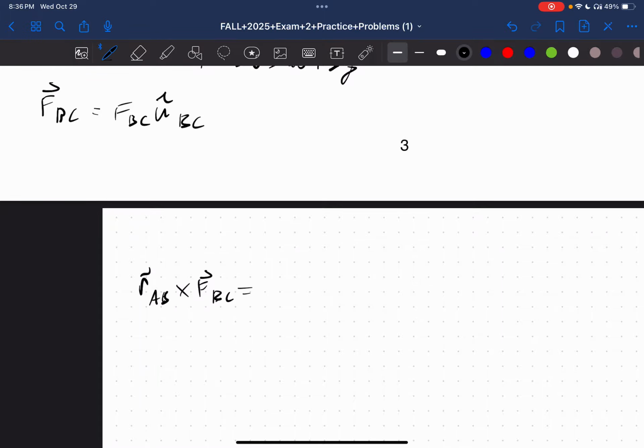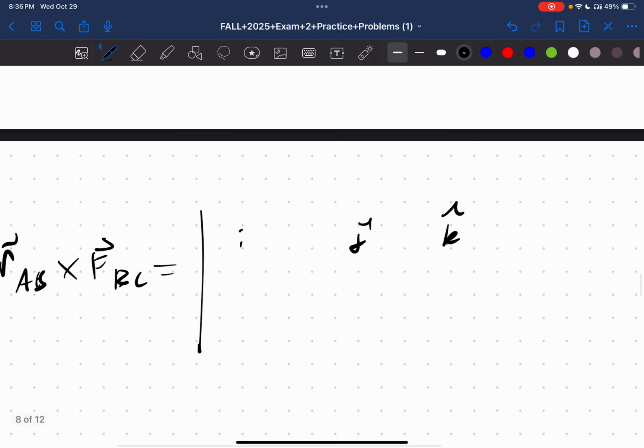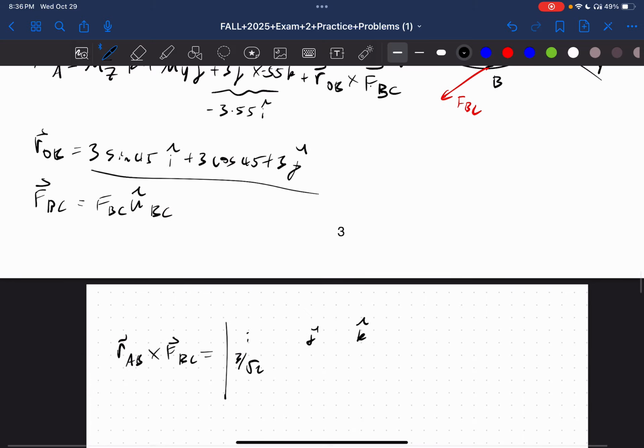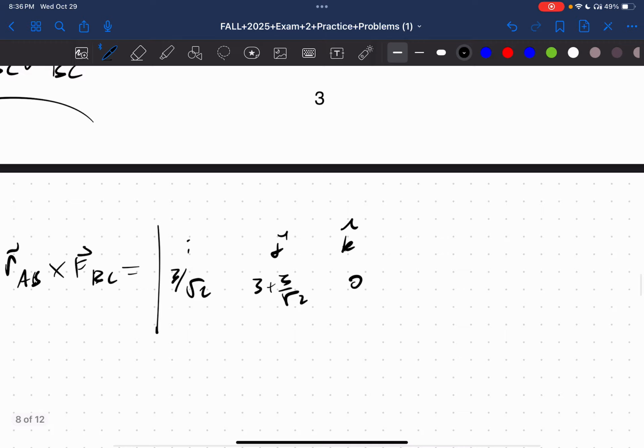FBC is going to be equal to, I have I, J, K. It's going to be a 3 over square root of 2. So this cross this. This is going to be 3 plus 3 over square root of 2. This is going to be 0.